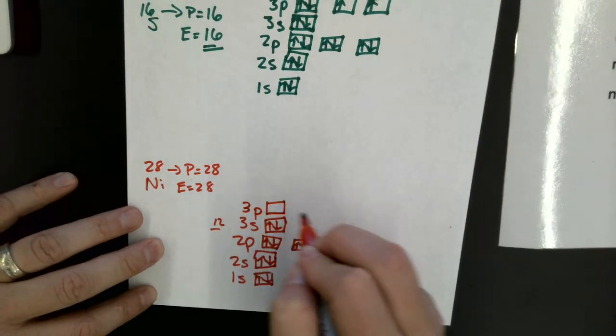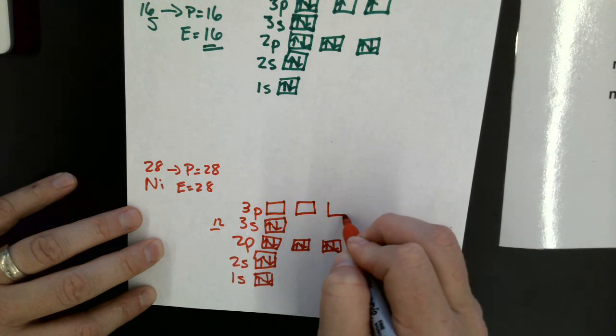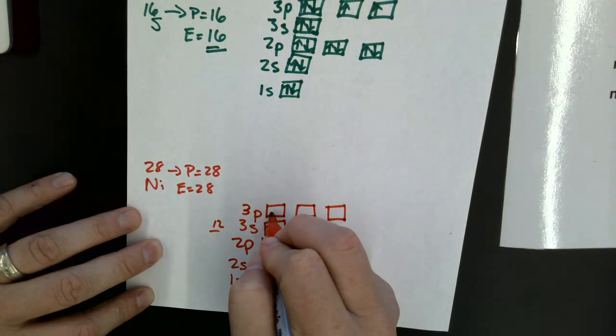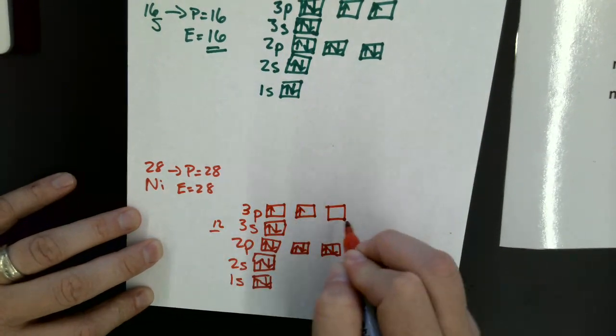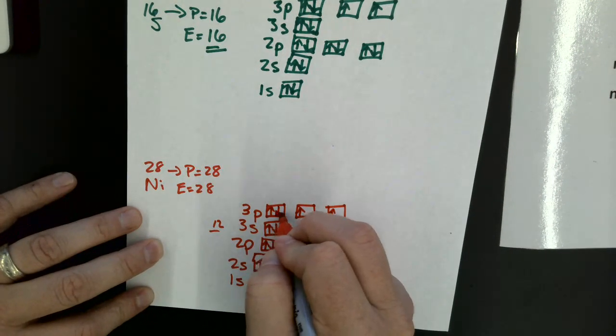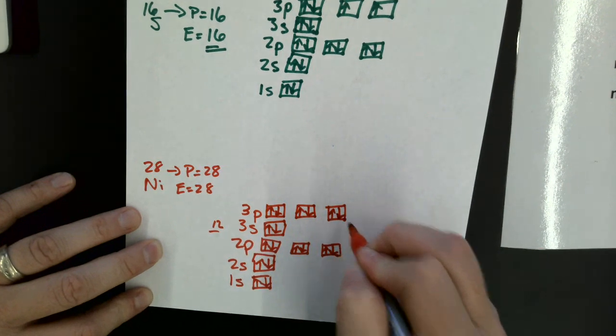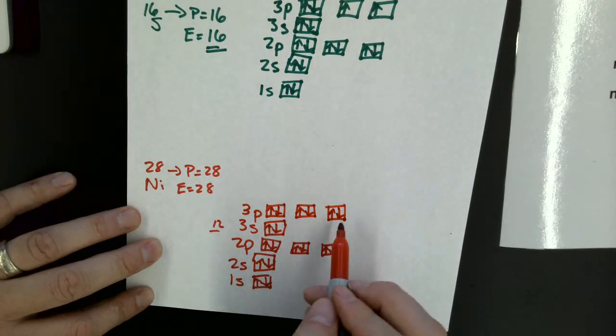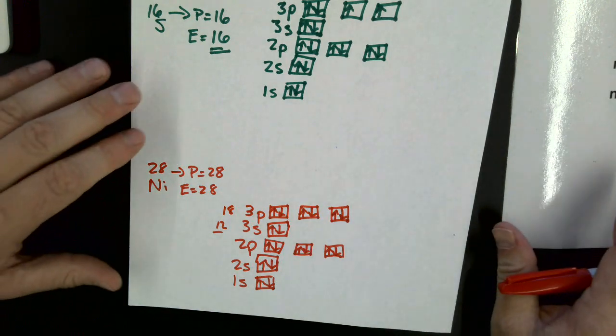Again, we have 3 boxes. We're going to follow Hund's rule, the bus seat rule. Make sure that we maximize our up spins first, then come back and fill in the down ones with Pauli's rule. We've just added 6, so we're at 18. We still need to get 10 more electrons in here.